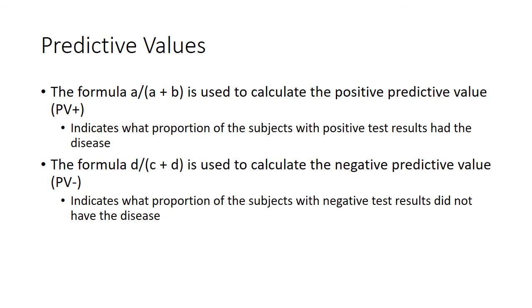Alternatively, you can get a negative predictive value, which tells you that if they had a negative result, what is the actual proportion of those individuals who did not have the disease? Your numerator here is the true negatives, divided by individuals who had a false negative plus all your true negatives.